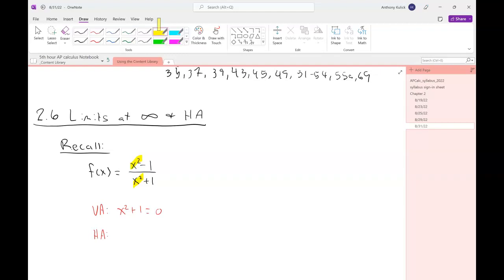When the degrees are equal, the horizontal asymptote is the leading coefficient of the numerator, which is 1, over the leading coefficient of the denominator, that's 1. So if I have a horizontal asymptote where y equals 1, that would mean that the limit as x approaches negative infinity of f of x should be 1, and also the limit as x approaches positive infinity of f of x should be 1.